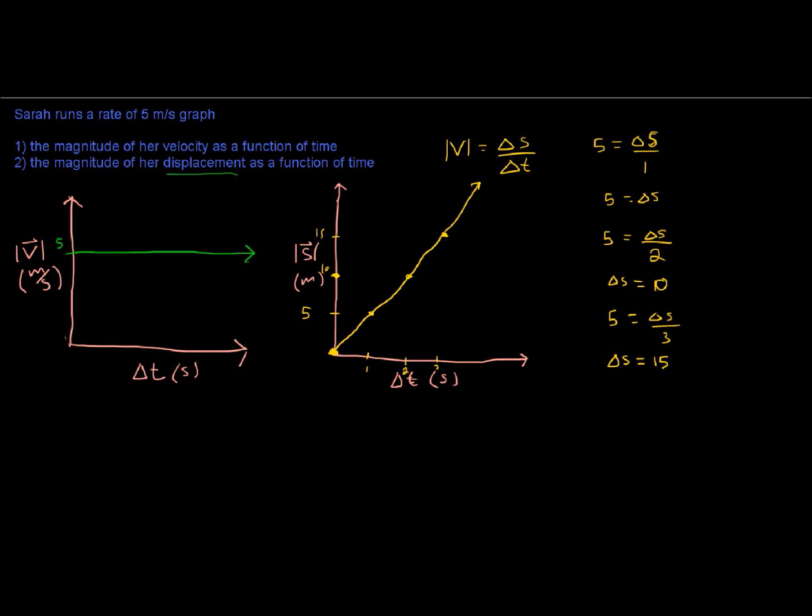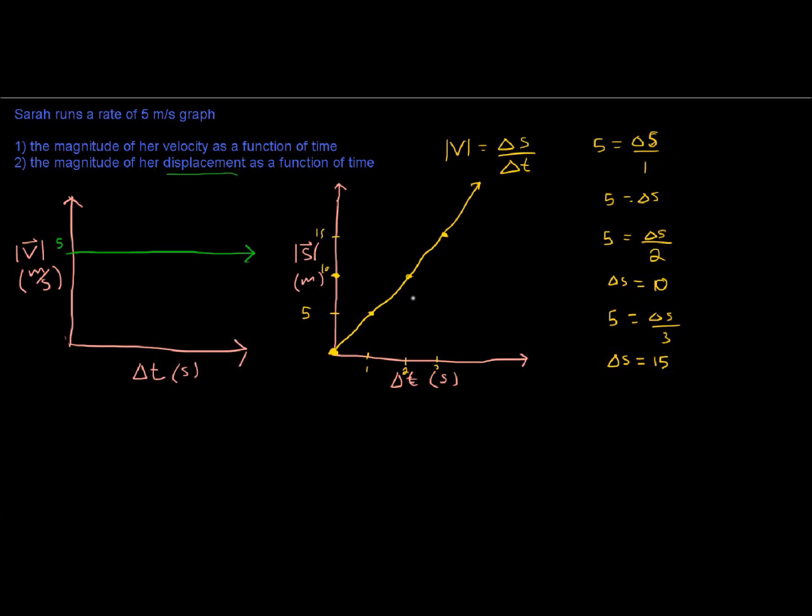Now, my next question is, what is the slope of this line? Well, we know the slope of any line is going to be rise over run. So the rise is going to be her change in displacement, and her run will be her change in time.